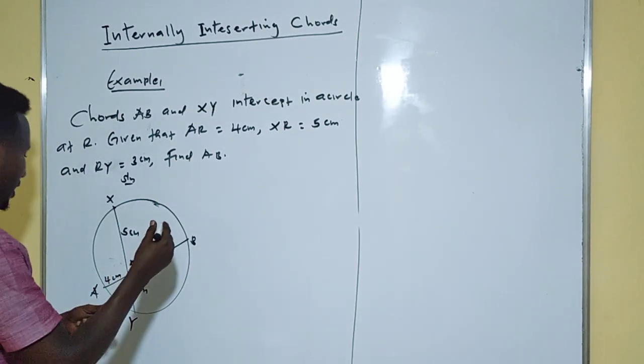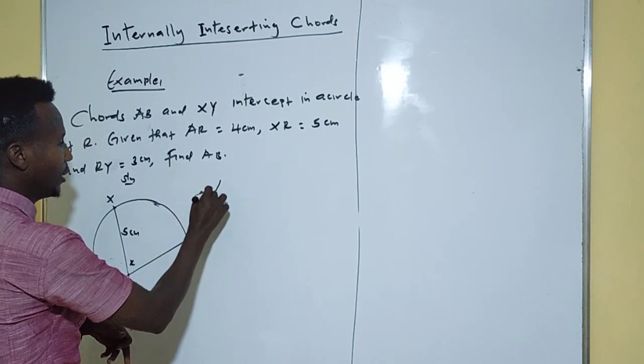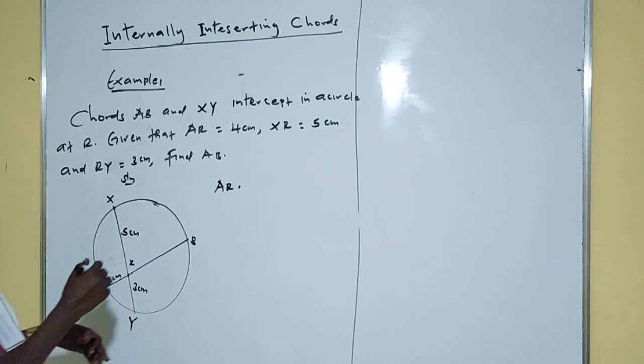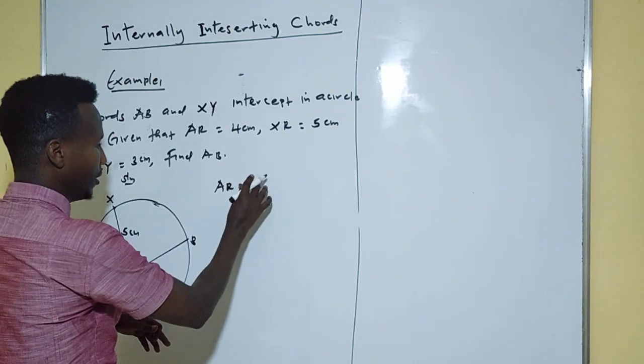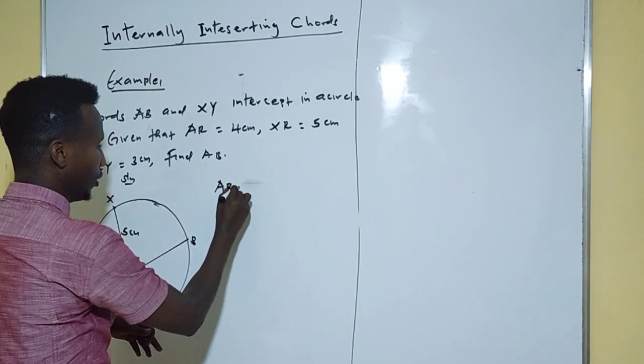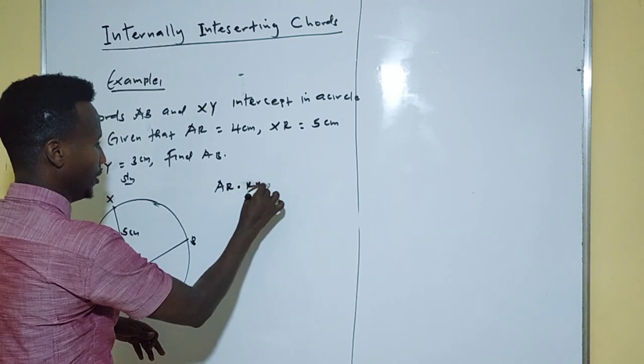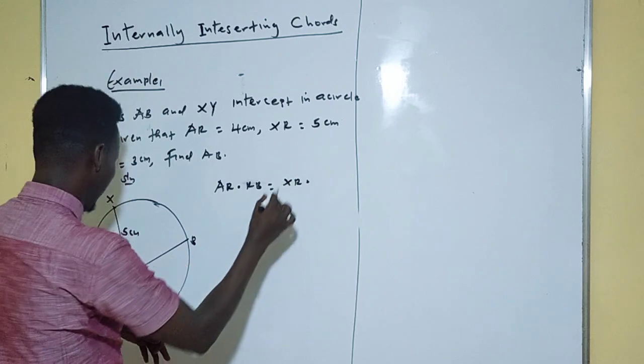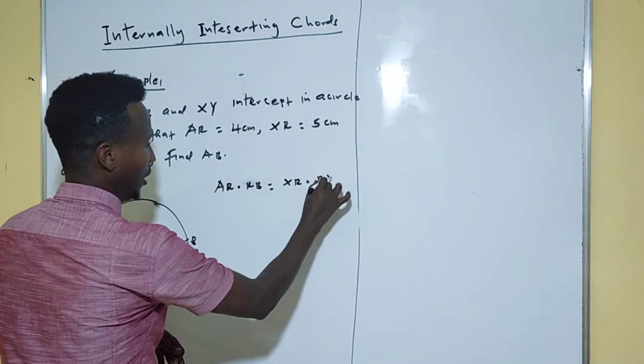So we are going to say AR dot RB, where the dot means multiplication, is equal to XR multiplied by RY.